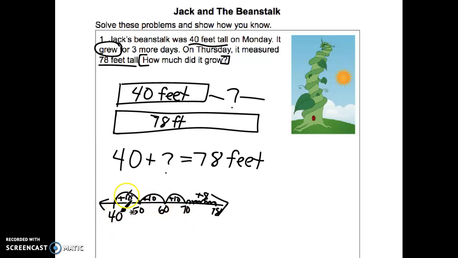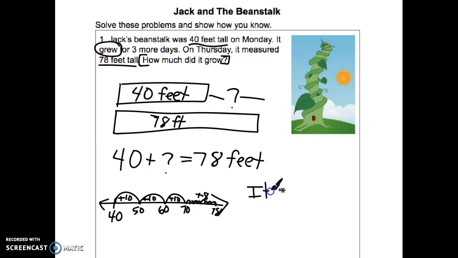So I know that that's my start, 40. This is the sum, 78. So this question mark is the total number of jumps that we took. So let's figure it out. We took 10, 20, 38 jumps.